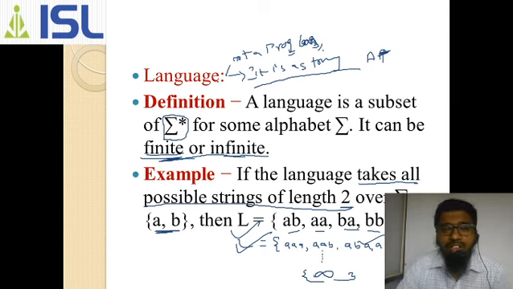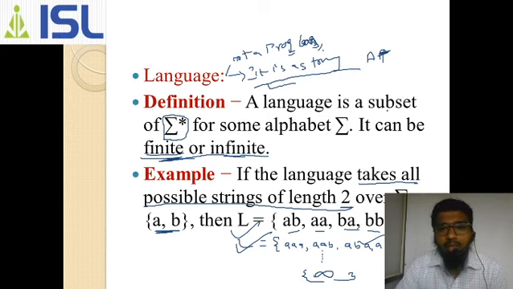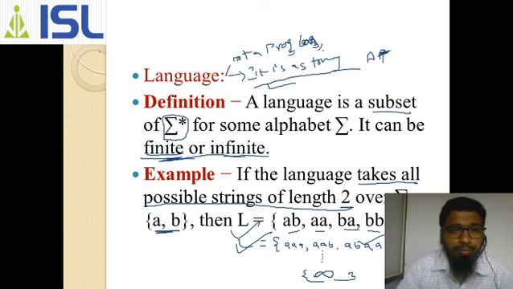Whenever we see a language, it is a set of strings, a subset of sigma star, the Kleene star for some alphabet sigma. So L is a subset of sigma star.